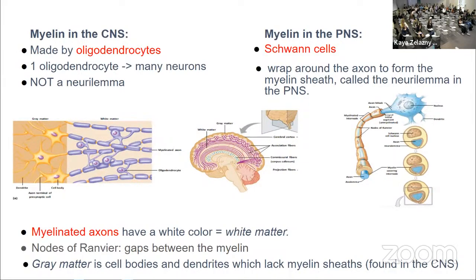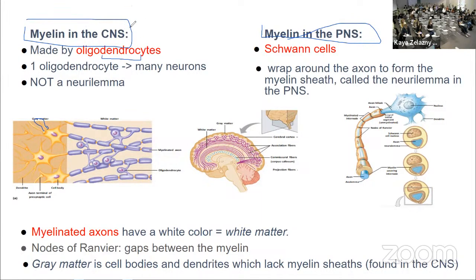Again, just another summary slide, like zooming in on that. Okay, so we got what's going on in the central nervous system versus what's going on in the peripheral nervous system. So central nervous system, we've got a different type of glial cell, the oligodendrocyte. Now that I'm looking at this word, if you think dendrites, you think dendrocytes, so think about those processes on the bodies of our nerves.